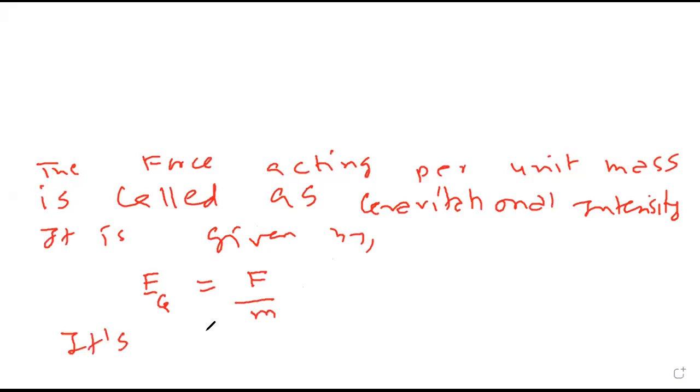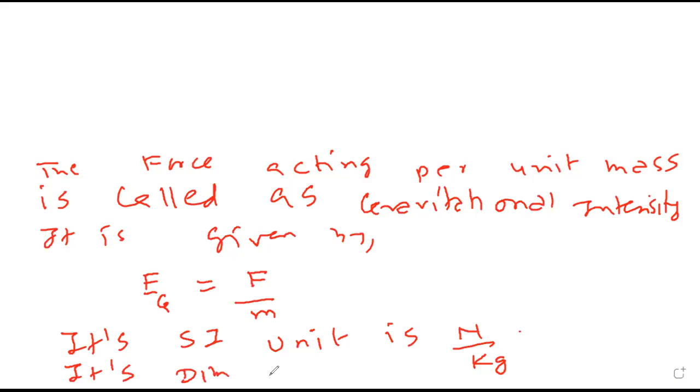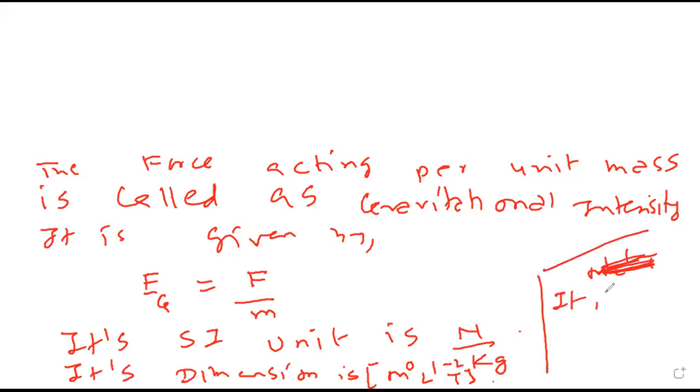Its SI unit is Newton per kg. Its dimension is, can anybody tell what the dimension will be? Newton is M1 L1 T minus 2. Very good. So it is M0 L1 T minus 2. Is it a scalar or vector quantity? Force is a vector, so it is a vector quantity. Okay?